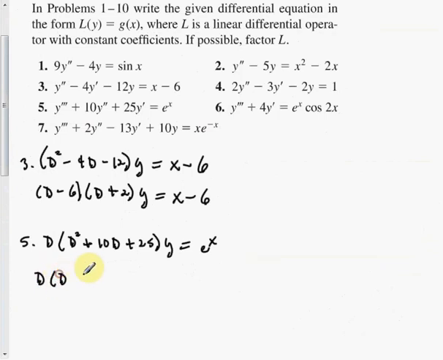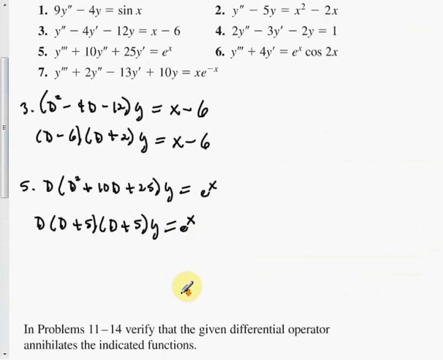Maybe we can factor one more time. You can write that as D(D + 5)² on y is equal to e^x.